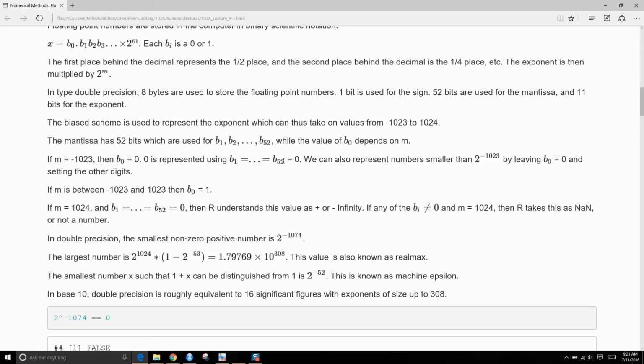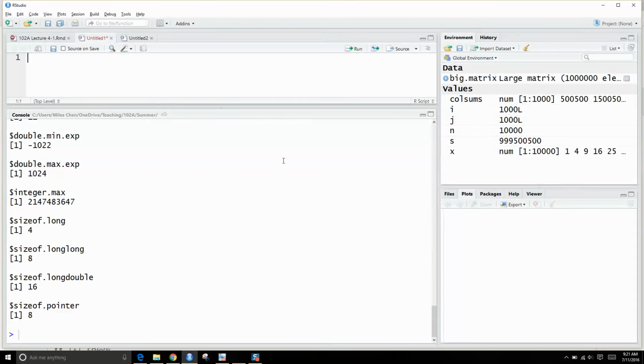But then you might be able to get really small numbers, except that only works when it's close to 0, okay?